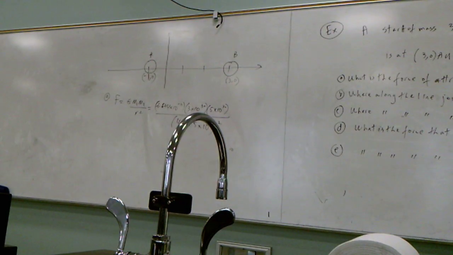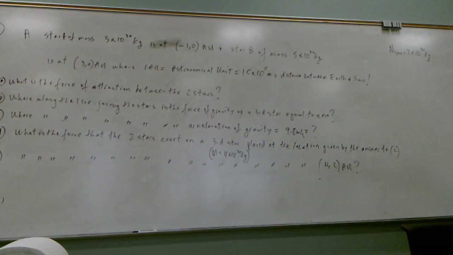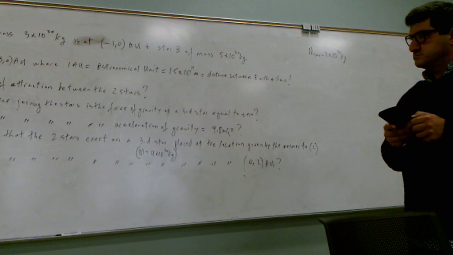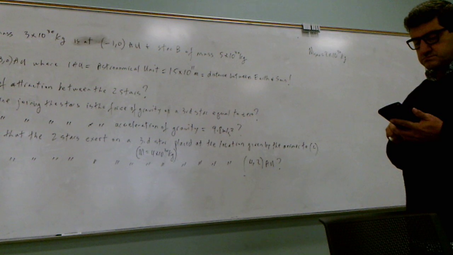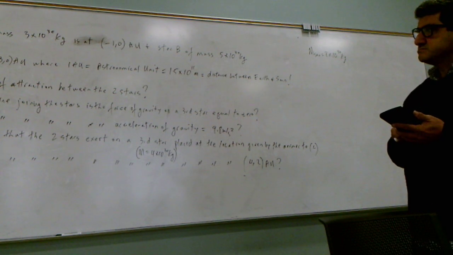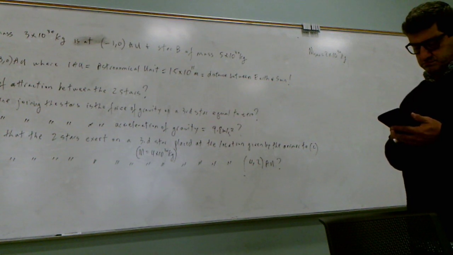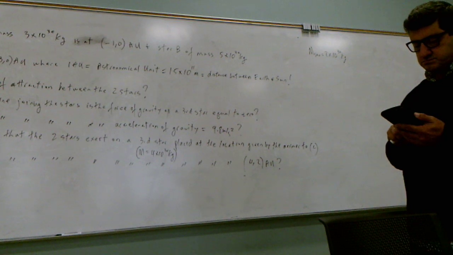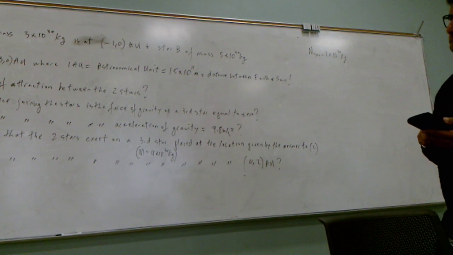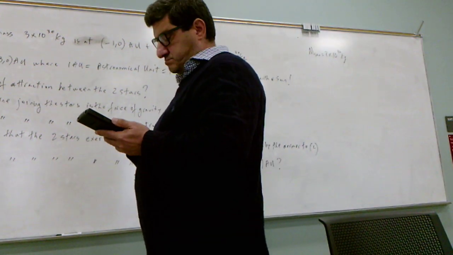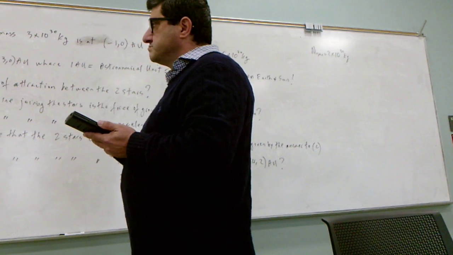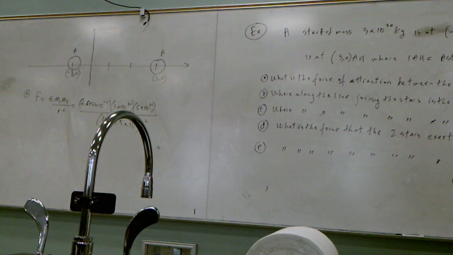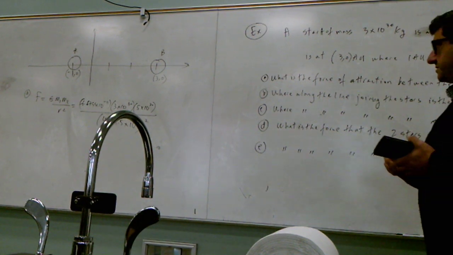So then put all of that into the calculator. The result is about .781 times 10 to the 27th.